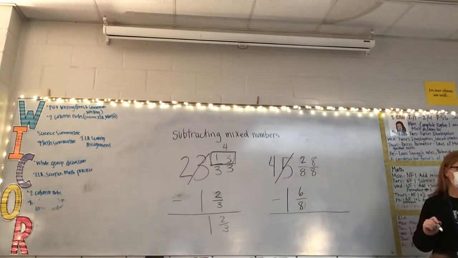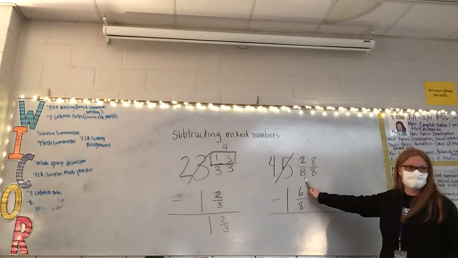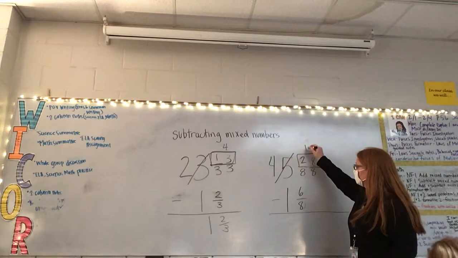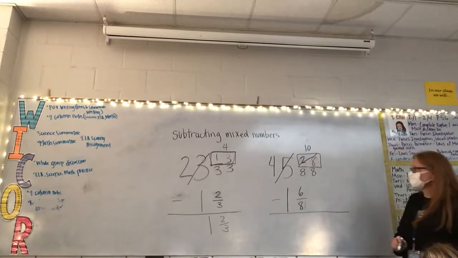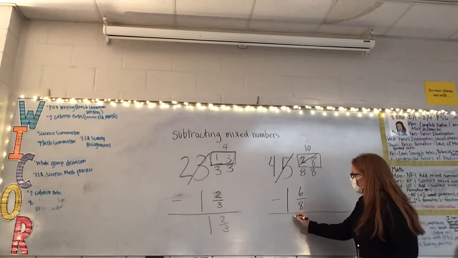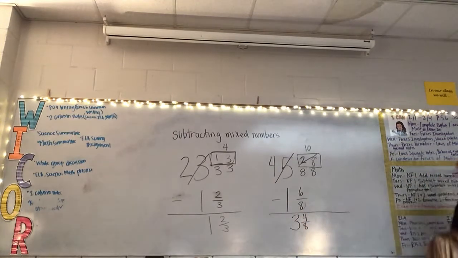It's right there for us every time. So I have 4 and 2 8ths and 8 8ths more. So really I just have 4 and 10 8ths. 4 and 10 8ths minus 1 and 6 8ths is 3 and 4/8, or you could say 3 and 1/2. Good job. Okay, I understand it now.